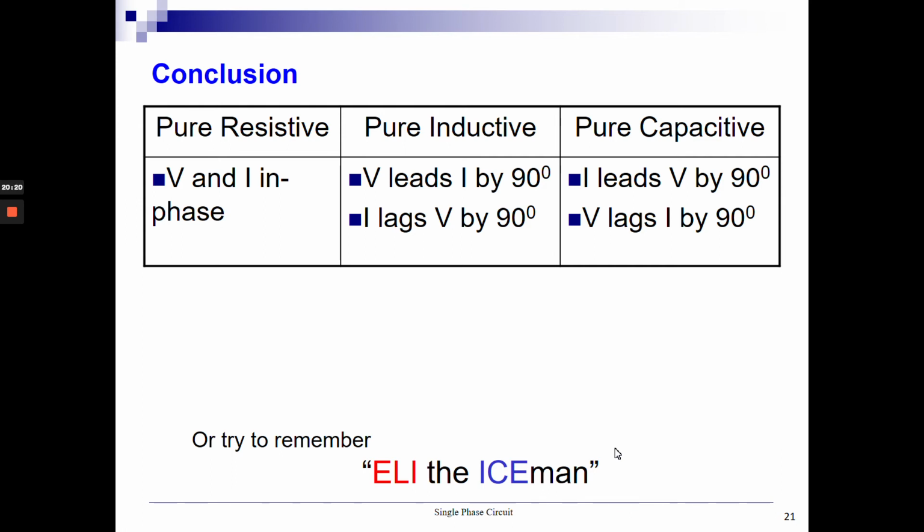Okay, so these are the conclusions from three types of load, where you have purely resistive, pure inductive load, and pure capacitive load. So other than CIVIL, you also can remember using these terms: ELI the ICE man.